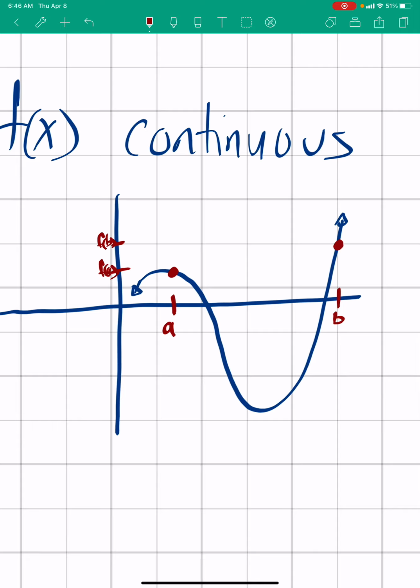In this example, it's not as clear that intermediate value theorem could actually be used.